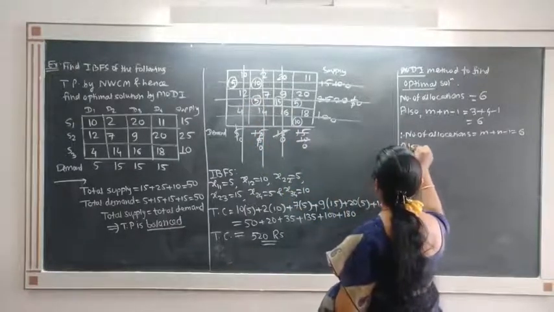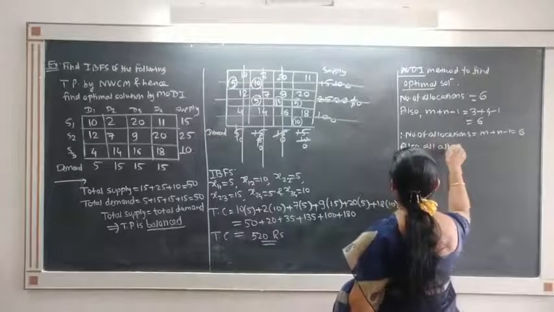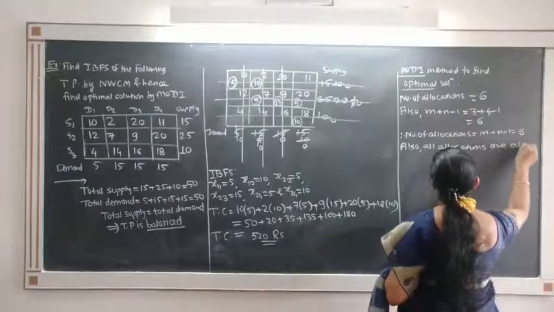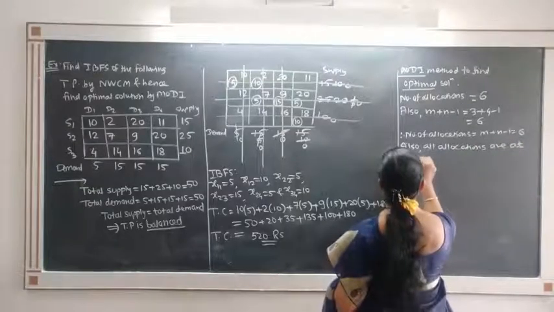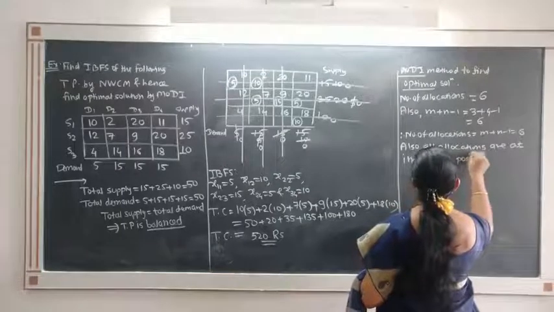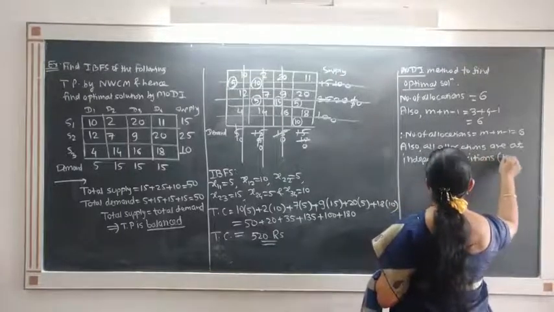So all these allocations are at independent positions, that is, there is no closed loop.